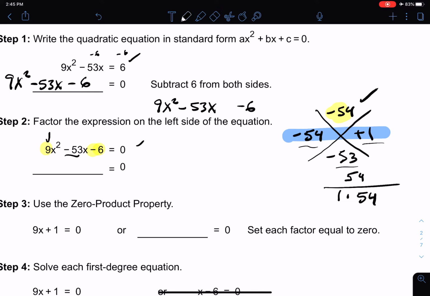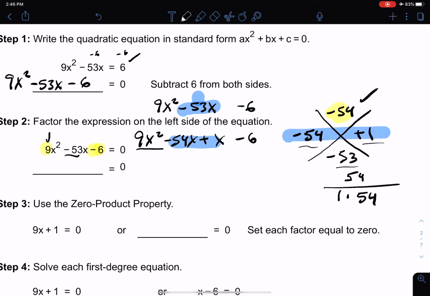So remember what happens next is we replace the middle term with these two blue target numbers. Let me get rid of that so I have some space to operate. I've got 9x squared. I know that negative 54x plus 1x does equal this negative 53x. So that's all good. I'm going to copy down negative 6.